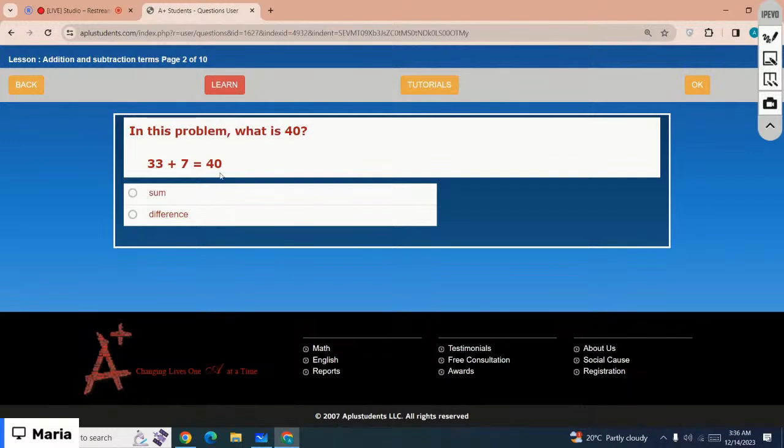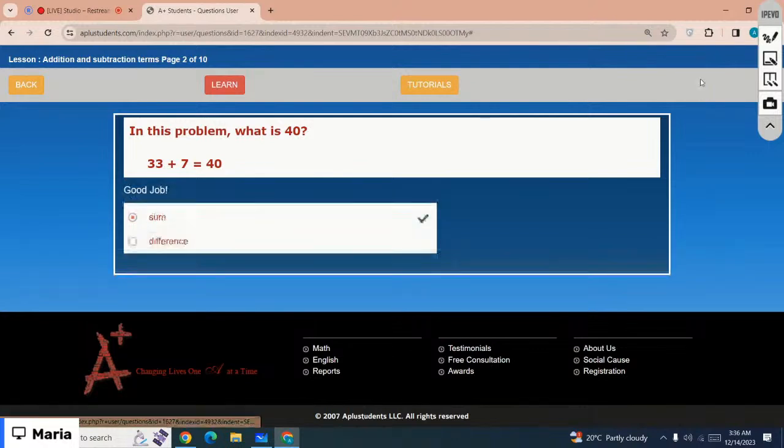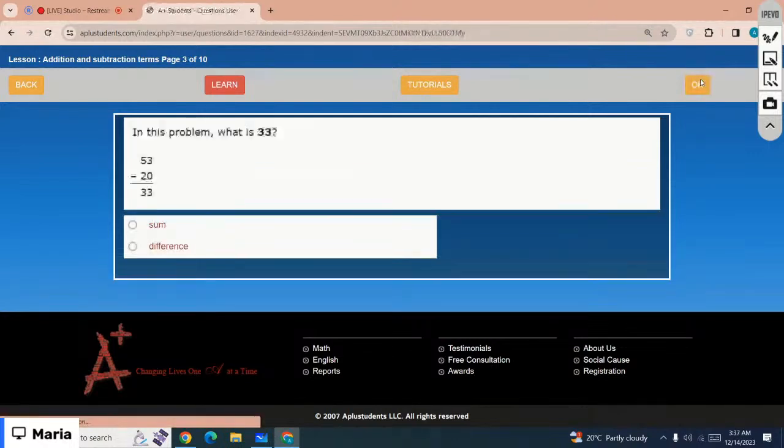The correct option is sum because they are adding. In this problem, what is 33? Which is the correct option?